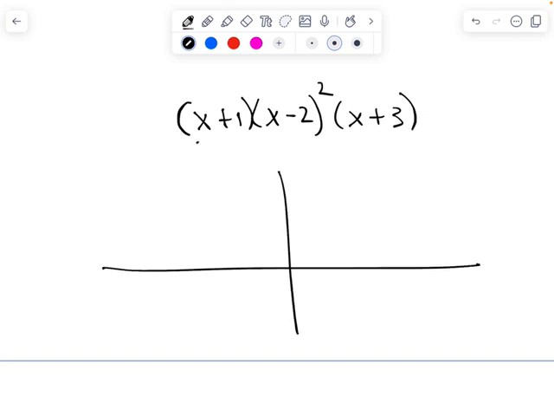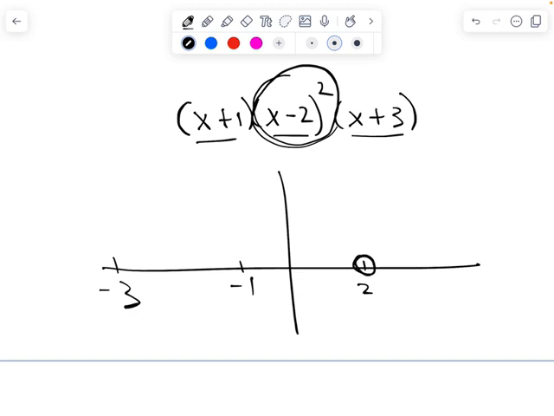This first one gives us a negative 1. Remember, we're flipping these signs. This gives us a positive 2, and this one gives us a negative 3. Now, this one is special because it's a double root. So we are going to put an extra little circle around that point to remind ourselves that something interesting happens there.